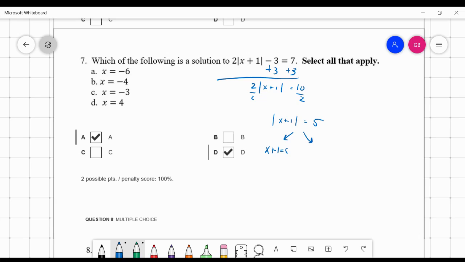So x plus 1 is equal to 5, and x plus 1 is equal to negative 5. And to solve for x, I'm going to subtract 1 from both sides. So x is equal to 4 and x is equal to -6. So D and A are your answers.